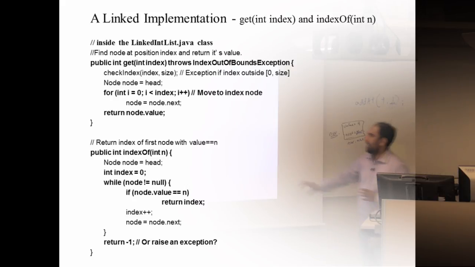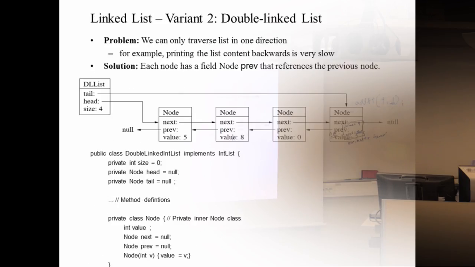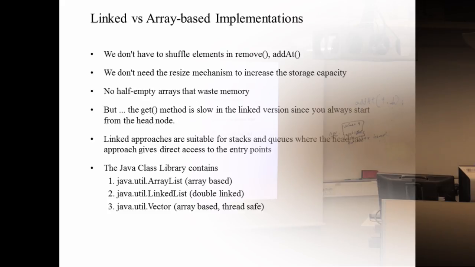But if you're using the array-based implementation, get will immediately return the element at the specific index. And so the Java library provides us these different data structure implementations: ArrayList, LinkedList and Vector.